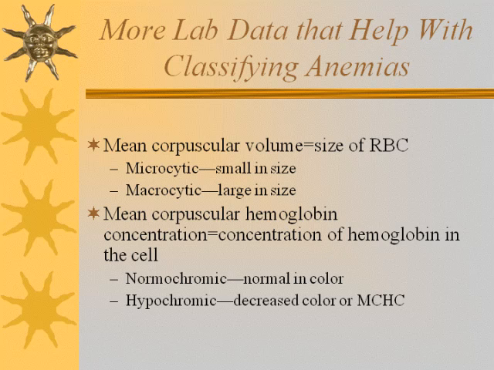Is it normal, or normochromic, or does it have a decreased or lighter color? In that case, it would be hypochromic. And again, that gives you some specifics on determining what's causing their anemia. Are they iron deficient? Are they B12 deficient? Are they not deficient in anything? Are they just flat out bleeding? What's the problem? Your normal MCHC is 31 to 35.